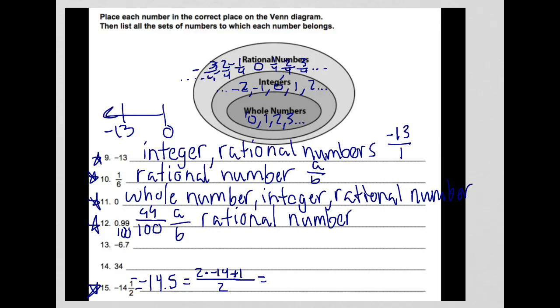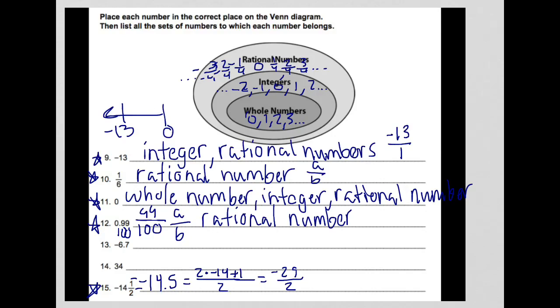So 2 times negative 14, I know we haven't practiced negatives yet, but we'll get there. 2 times negative 14 is negative 28, and then plus 1 is negative 29. And then I have that over 2.